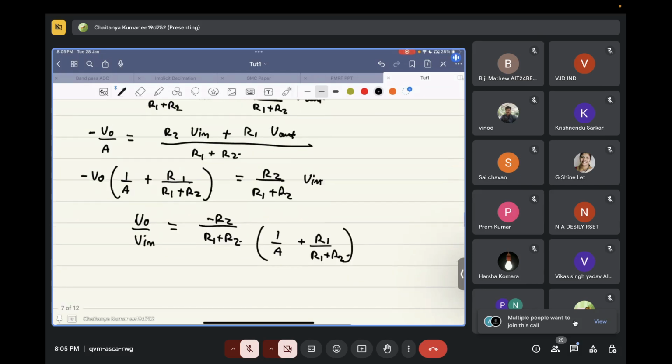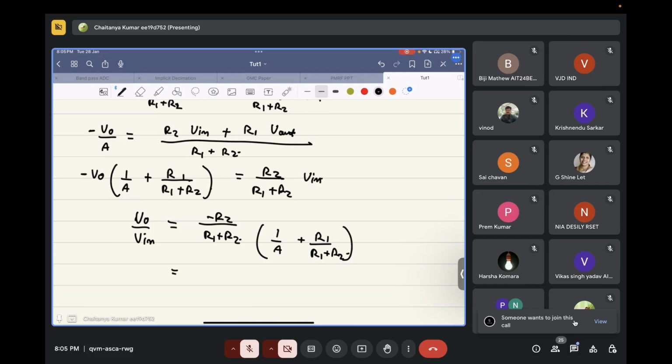Wait, we won't skip the steps. Correct? So if I take R1 upon R1 plus R2 as common, what I will have is minus R2 by R1 times 1 upon 1 by A times R1 plus R2 by R1 plus 1.